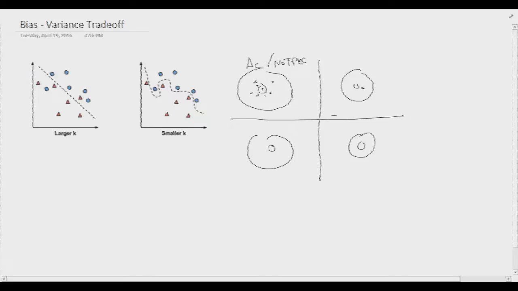You can have precision, so very close clusters, but they're not accurate. Obviously, you can have the one where it's neither accurate nor precise. That would be the worst of the situations. Or you can have the ideal scenario: accurate and precise.